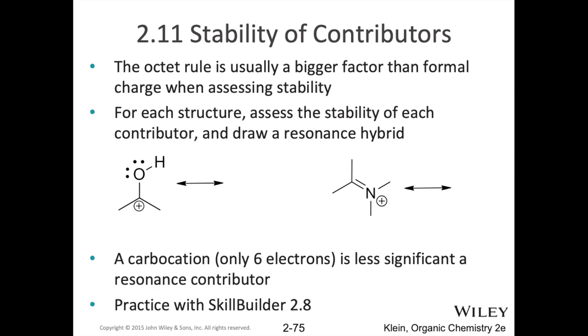So to show you the resonance contributors, if I have this lone pair swing down over here, you'd form a pi bond here, and it would get rid of that positive formal charge. So the resonance contributor looks like this. This oxygen is missing a lone pair because that lone pair went to form this pi bond in our new double bond.